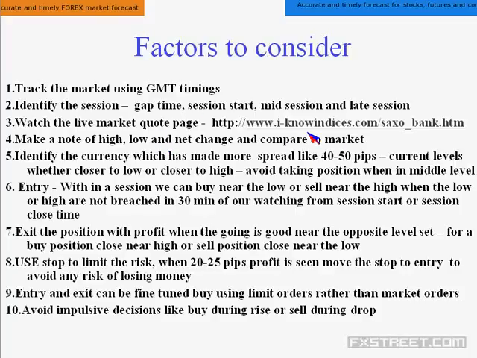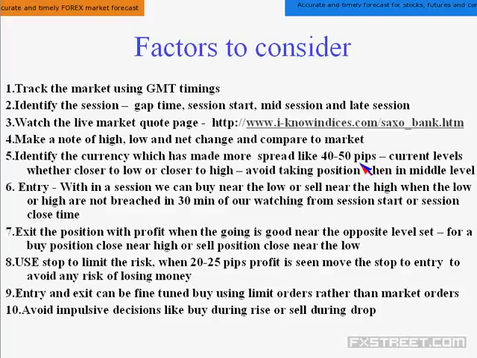Then we will be able to understand whether they breached the high and went above or breached the low and went below. Then we will be able to identify what sort of moves they are trying to make in each session. Then identify a currency pair which is making about 40 to 50 pips spread between the high and the low. In such currencies, if you try to take positions, you will be able to find swing trade possibilities.